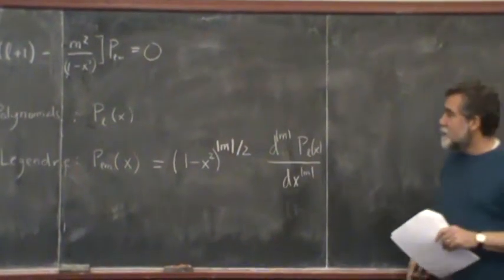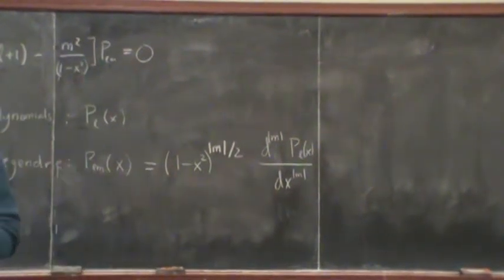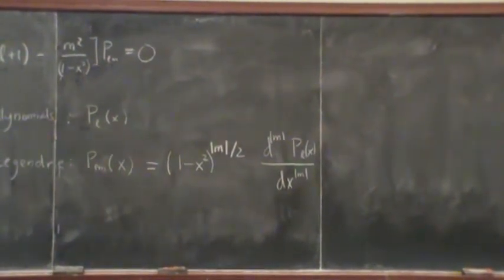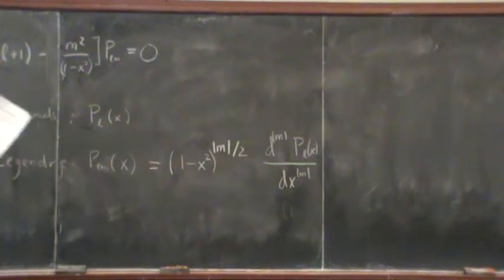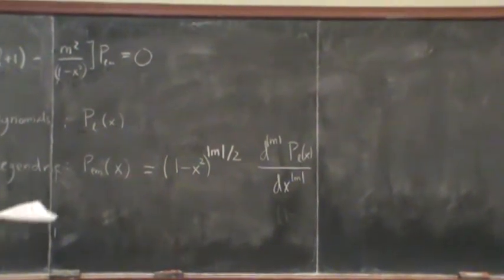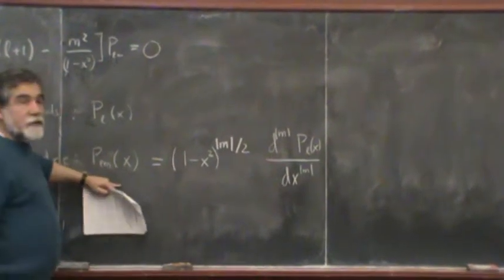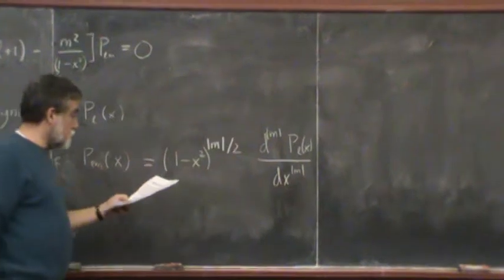Okay? So this is what the P_l^m actually look like. And if we know the Legendre polynomials, for which we have a generating function, then we can generate our associated Legendre polynomials.